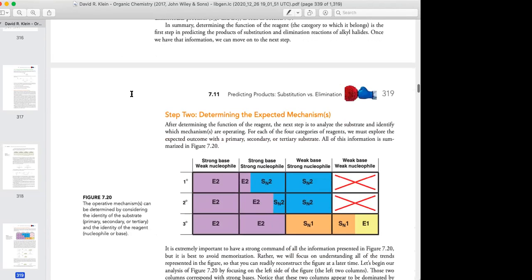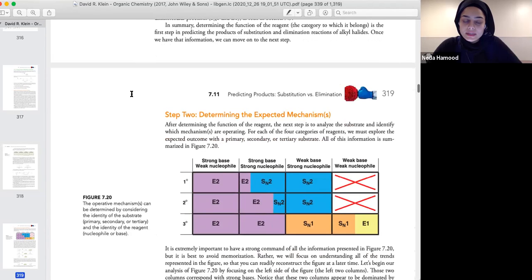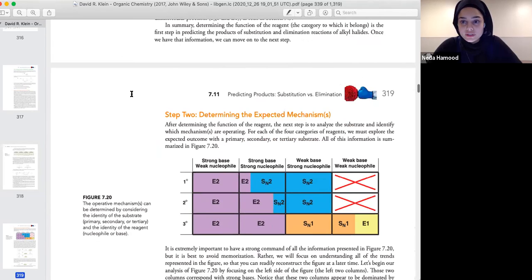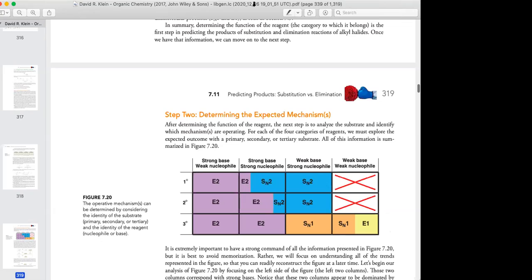That makes sense. What I'm imagining happening is that even though the original thing you may be working with is secondary, maybe you do a shift to make the carbocation tertiary so that it would be able to go through with this Sn1 E1. Yeah, because even in the book, they have an example of that where you have a secondary substrate, but if you do a methyl shift after the first step, then it still could go under an Sn1 or E1 reaction.